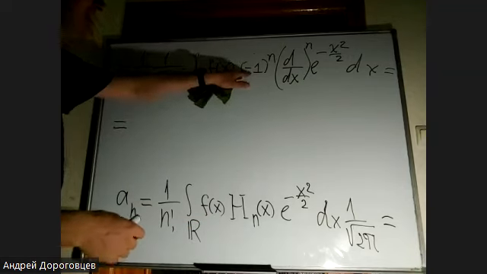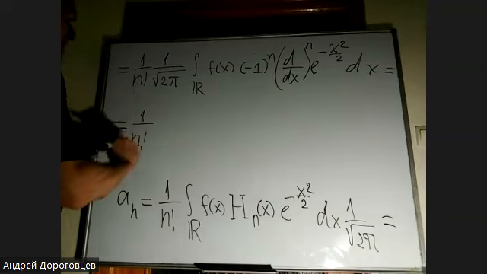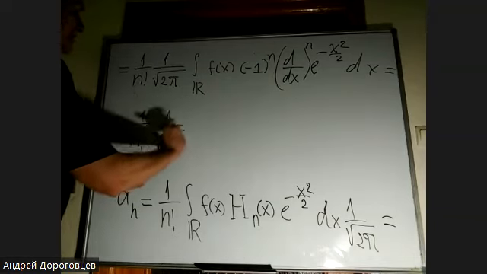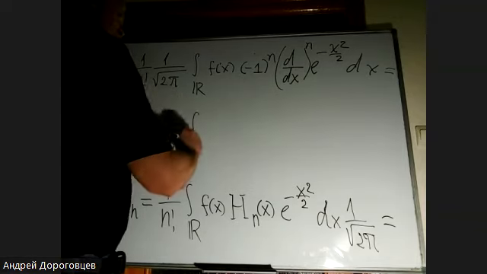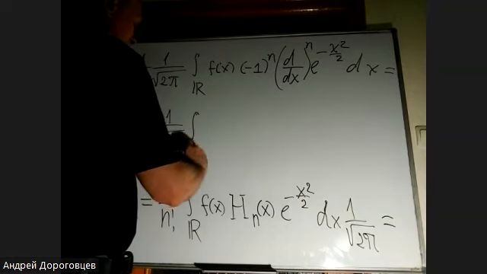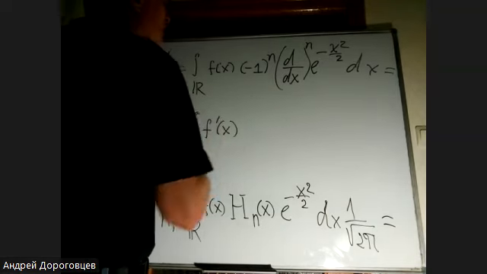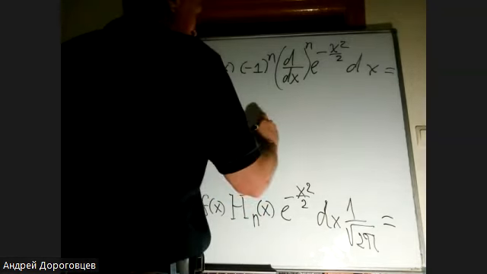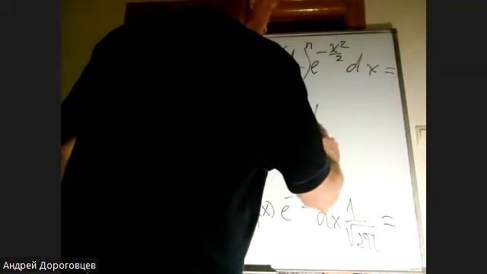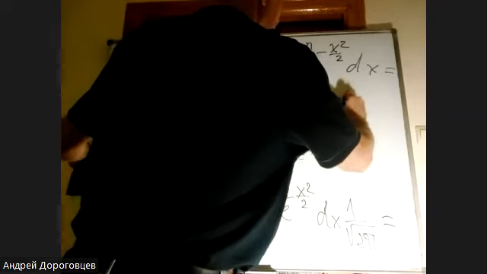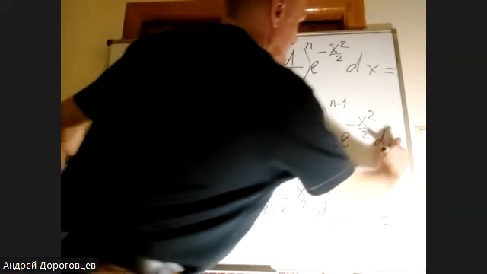But we have here minus 1 to the power n, so the answer will be 1 over n factorial, 1 over square root of 2 pi, and here is the integral over R of f prime of x, and here is minus d^(n-1) over dx^(n-1) of e to the minus x squared over 2, dx.